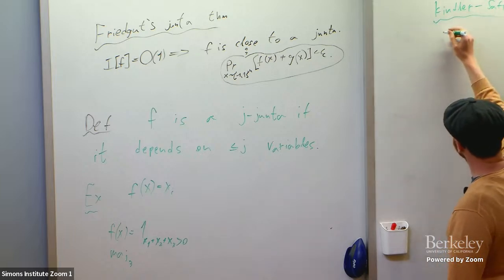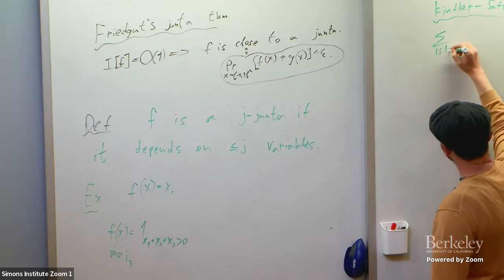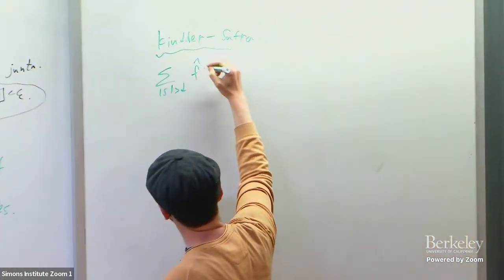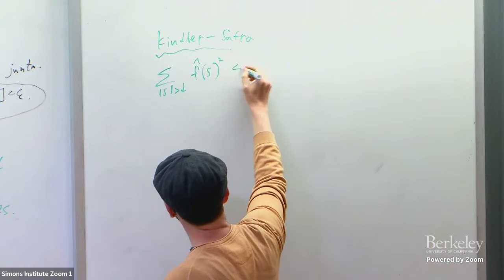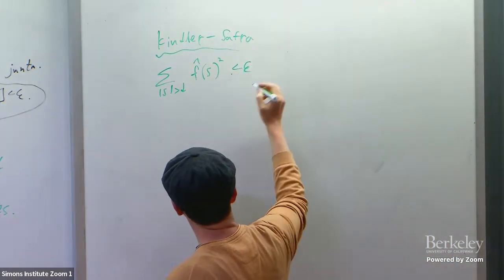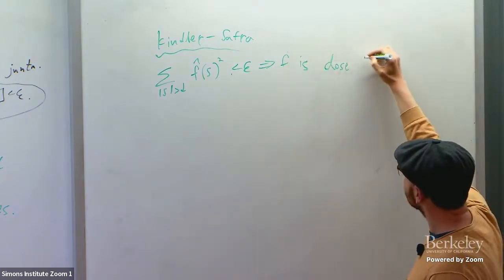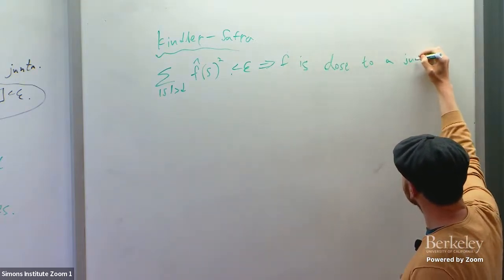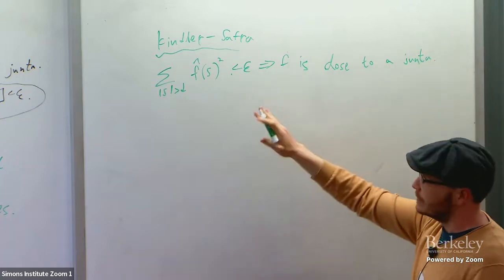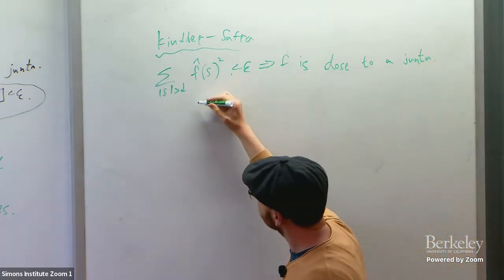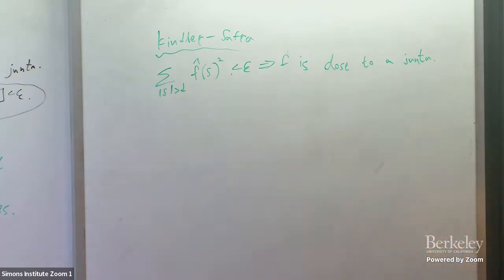It says that if the sum over |S| at least d of f-hat(S) squared is smaller than epsilon, then f is close to a Junta. This is for Boolean functions. So if you have a Boolean function that has all its mass on its low degrees, then it's close to a Junta. So if a Boolean function is close to a low degree function, then it must be close to a Junta.